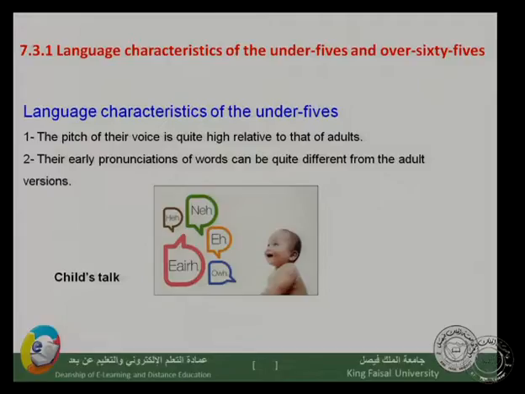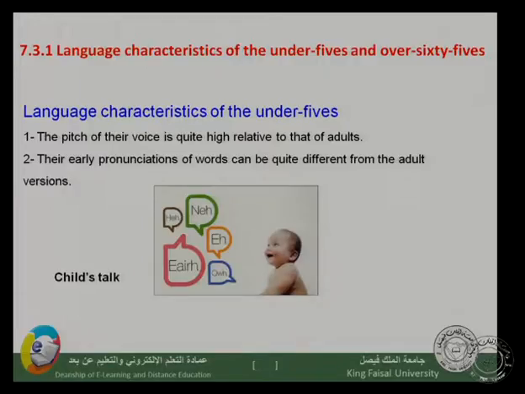Number 2, their early pronunciation of words can be quite different from the adult version. Sometimes when you have a child speaking, you will find that the pronunciation of certain words is very much different from those pronounced by an adult.